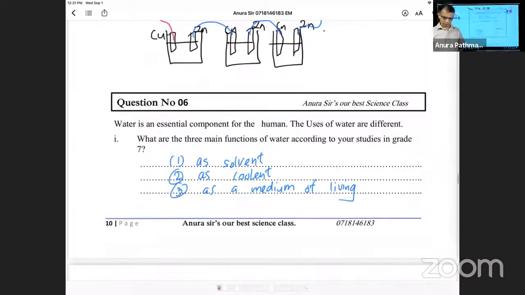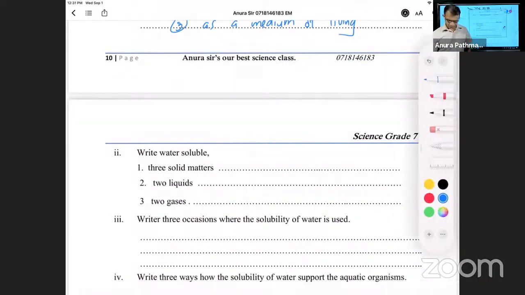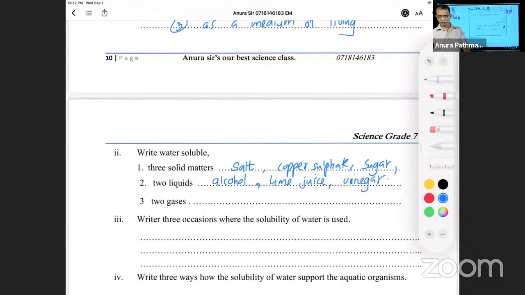Okay, sir. Write 3 water soluble solid matters: salt, copper sulfate, sugar, glucose. 2 liquids: alcohol, lime juice, vinegar.